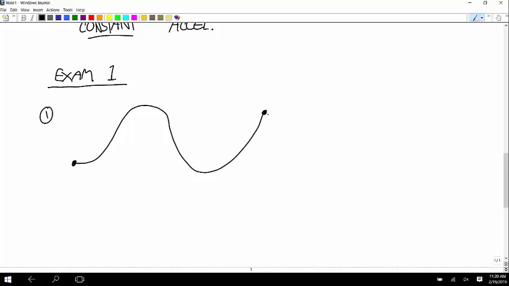And then the next step is find all the places where the velocity goes from positive to negative. So where you're going from a positive slope to a negative slope. In this case, that's here and here. Okay, so that's the places where the tangent line is horizontal. And then mark off all the places where the acceleration goes from concave up to concave down, the inflection points.